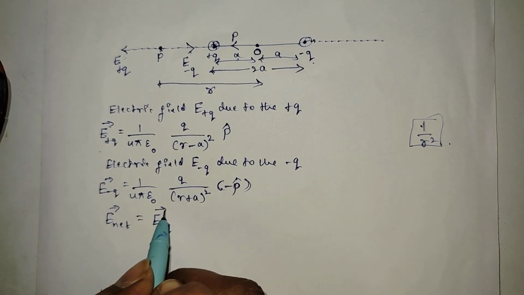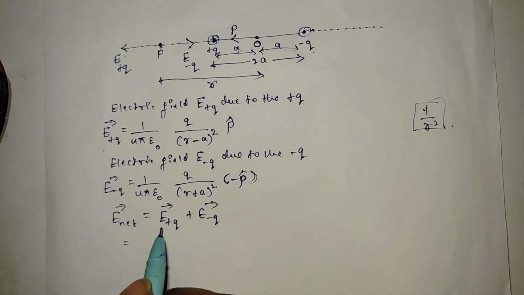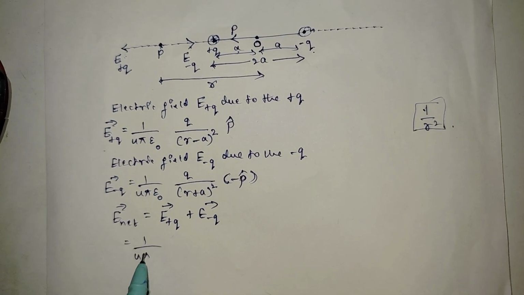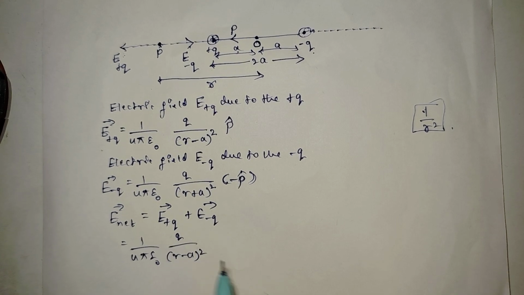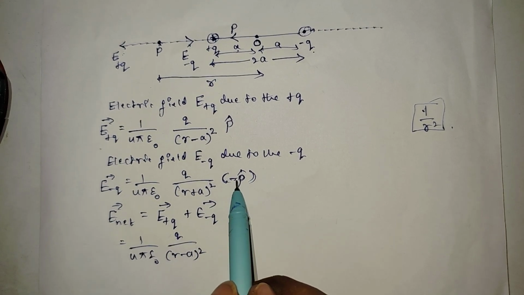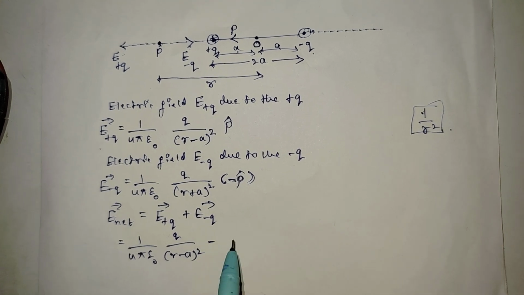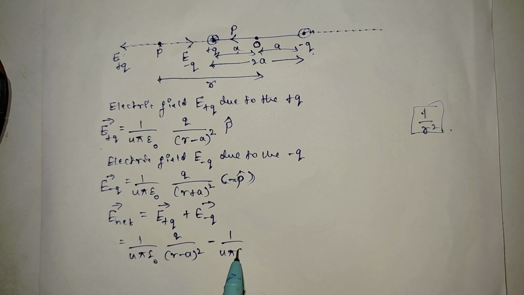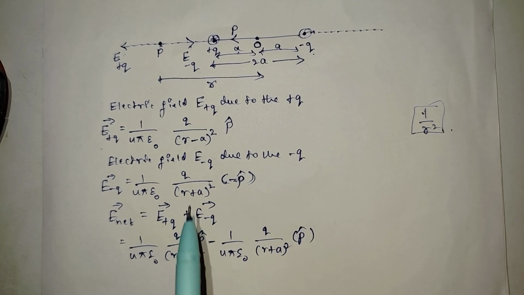Net electric field E net equals E plus Q plus E minus Q. E plus Q is 1 divided by 4 pi epsilon naught, Q divided by r minus a whole square, p cap. Here there is a minus sign. So 1 divided by 4 pi epsilon naught, Q divided by r plus a whole square, p cap.